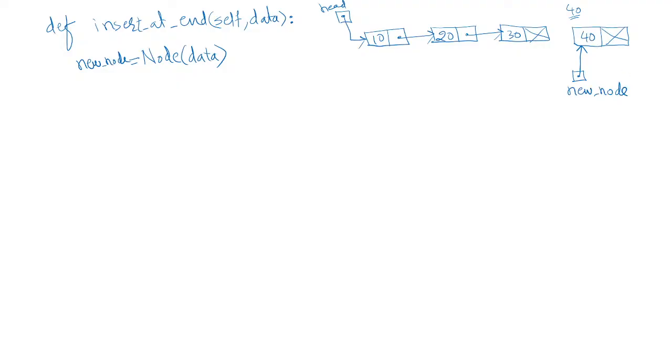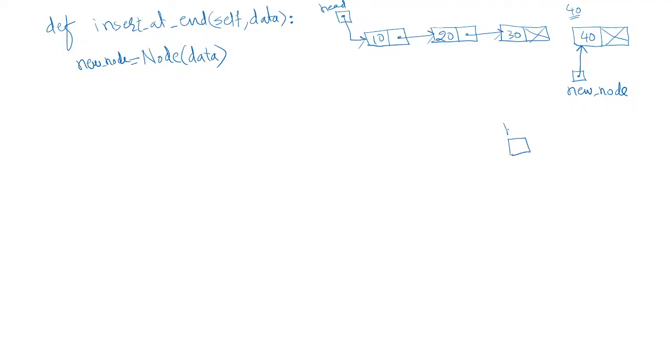Right, so the new node is created, but this node has to be added at the end of the linked list. Yes or no? Assume that initially you can add an element by using the insert at beginning function or the insert at end function also. I am just taking an example.